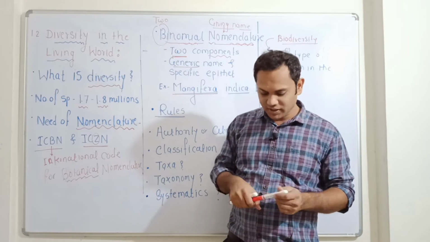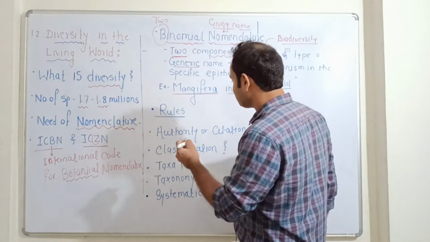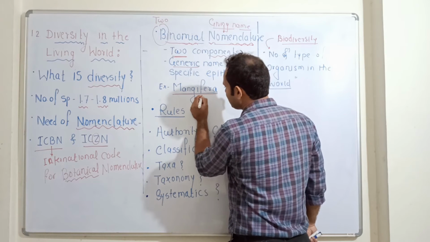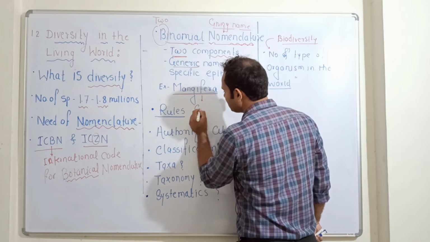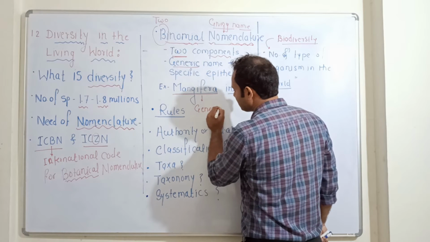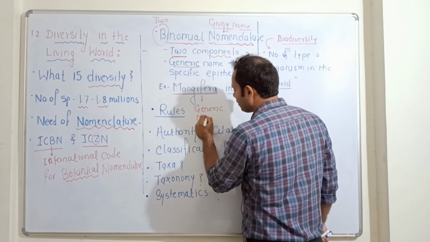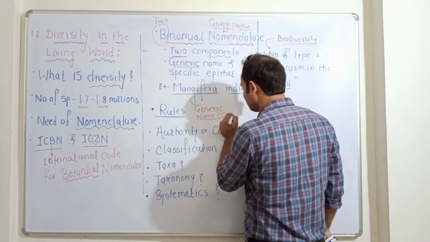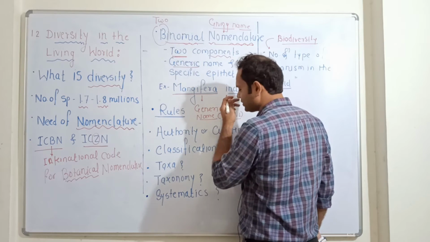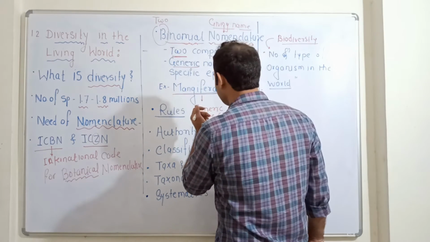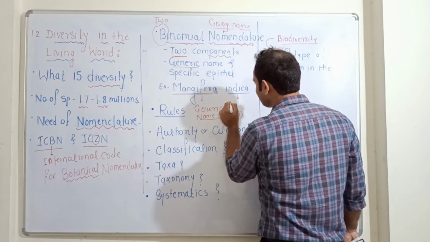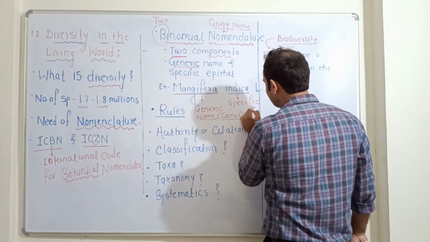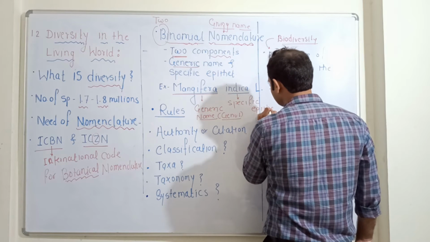Now the example I have taken is Mangifera indica. Here Mangifera is your generic name, or you can say the name of a genus. What genus and species are, I will tell you later. And this indica is called the specific epithet.